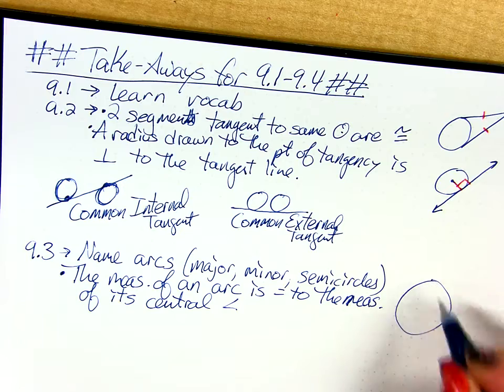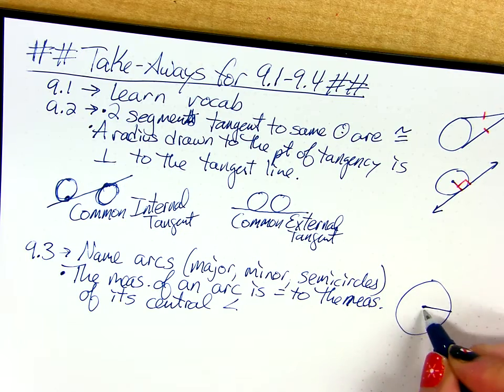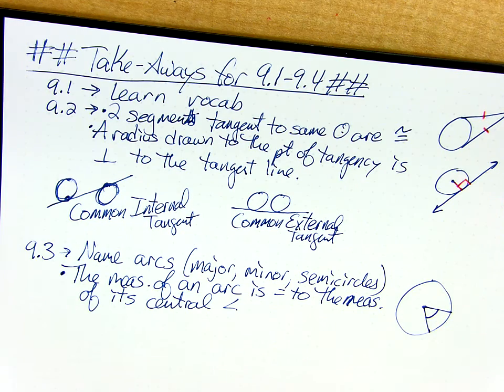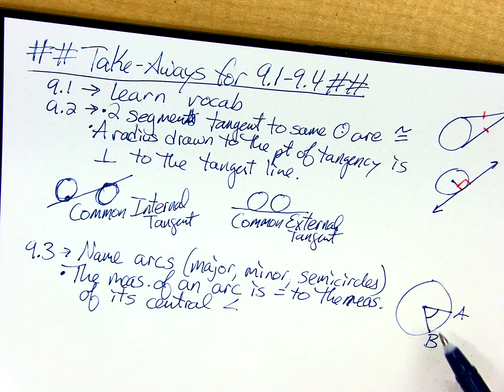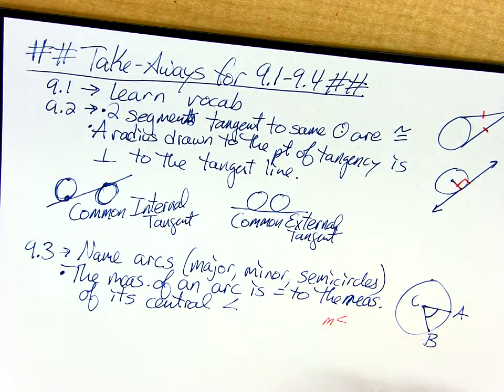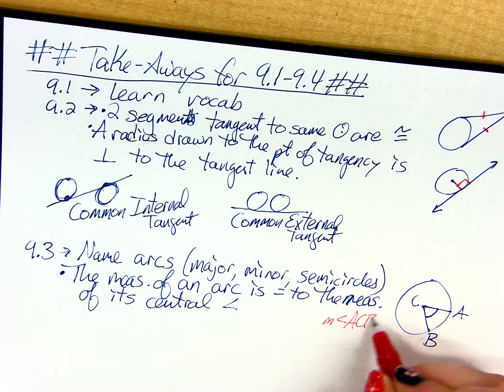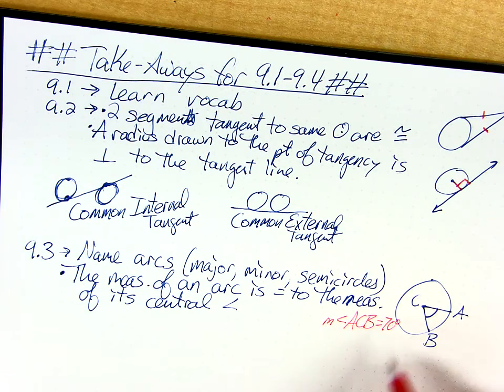So if I have a circle and I have this central angle here, if I told you that central angle was 70 degrees, the measure of arc AB would be 70 degrees. So let's jot that down. So if the measure of angle ACB is 70, then the measure of arc AB is also 70 degrees.